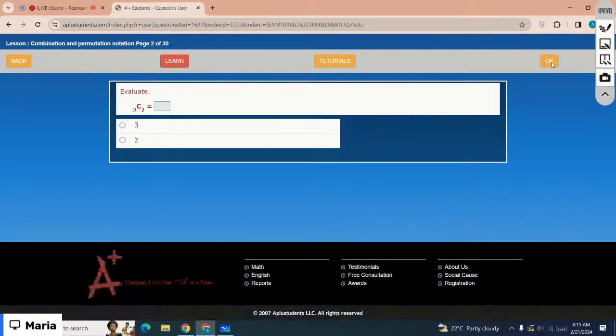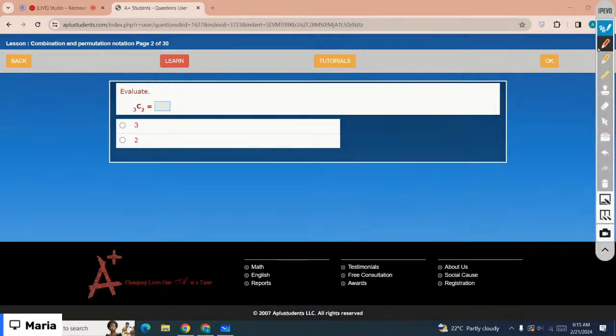Now you have to calculate the combinations 3C2, right? So when you have to calculate the combinations, that is nCr, you have to do n factorial divided by r factorial and n minus r factorial. So for 3C2, you can do 3 factorial divided by 2 factorial, 3 minus 2 factorial, right?